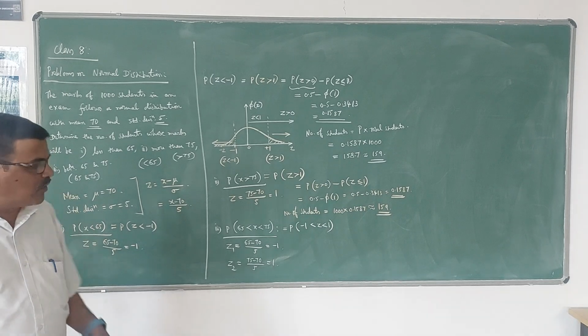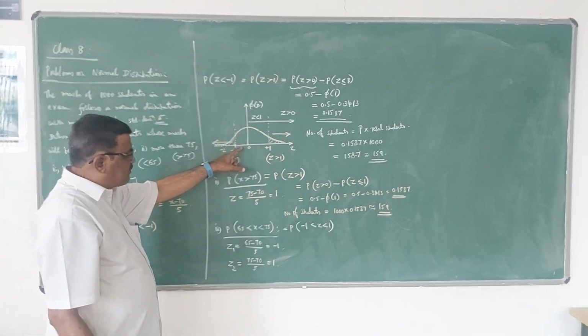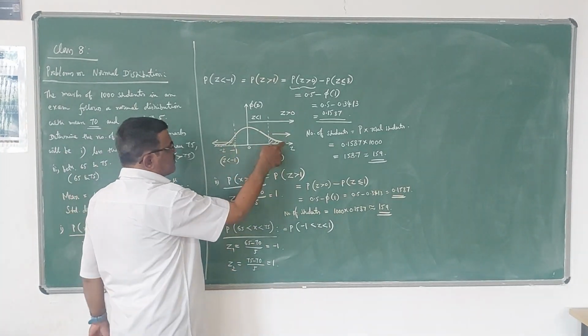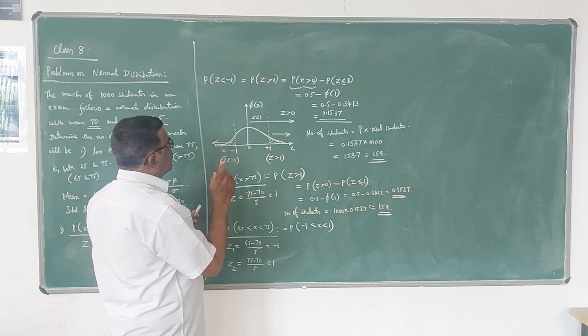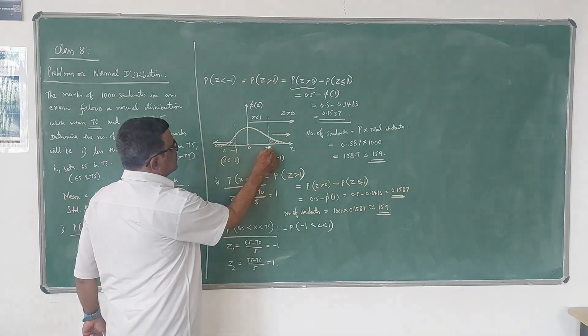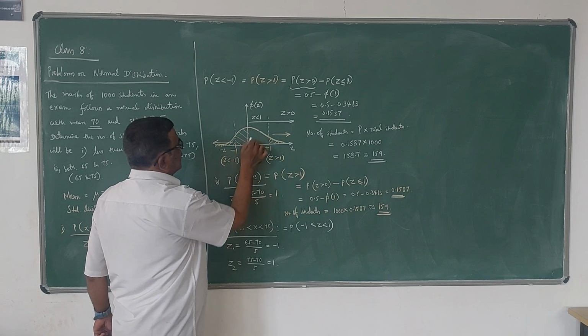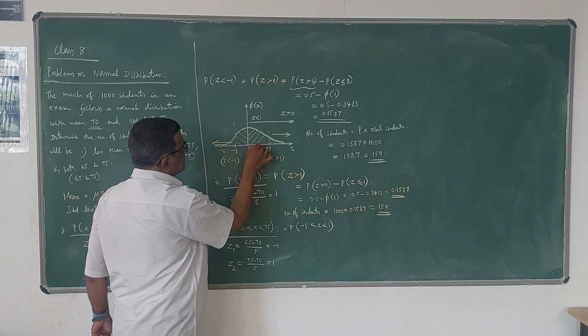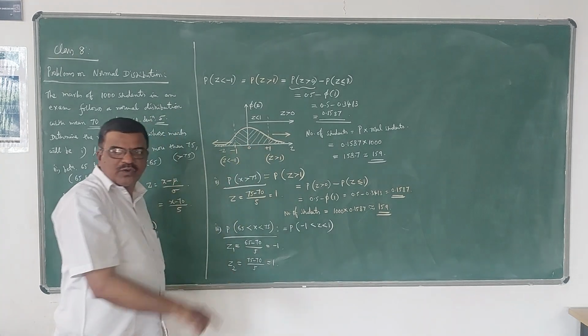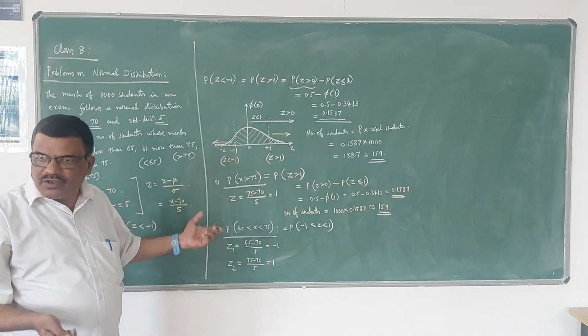Correct? Now, if you observe this graph, minus 1 to plus 1 means it will have two areas. This is minus 1, this is plus 1. One area is this, another area is this. If you add those two areas, you are going to get it.